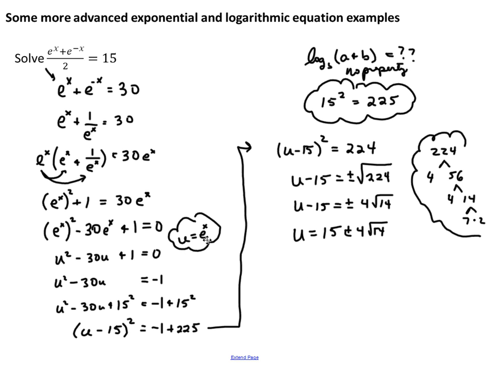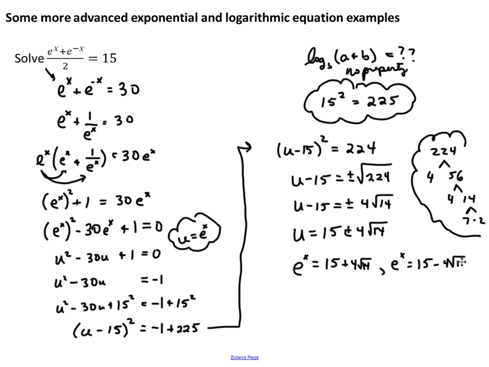And we're looking to see what happens for e to the x. So what is that going to be? e to the x is equal to 15 plus 4 times the square root of 14, or e to the x would be equal to 15 minus 4 times the square root of 14.